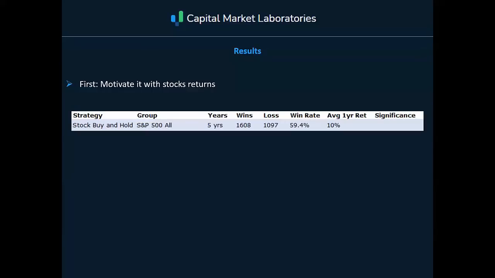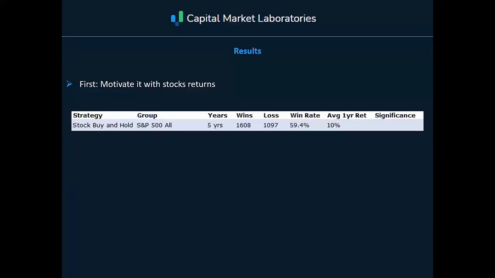I waited till June 30th of 2018. And I said, okay, I want to see the average 1-year return for every stock in that group from June 2018 to June 2023. 1-year return, every single stock in the S&P 500. The win rate, which is simply measured as were the returns positive or negative, was 59.4%.